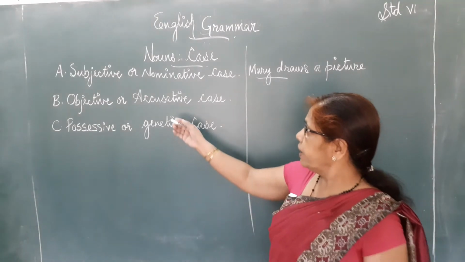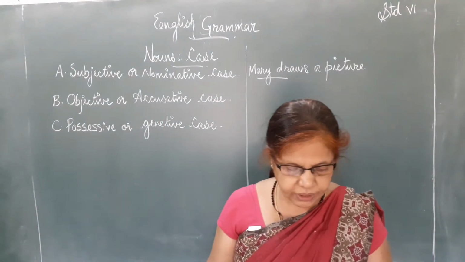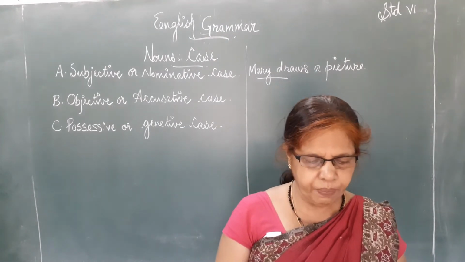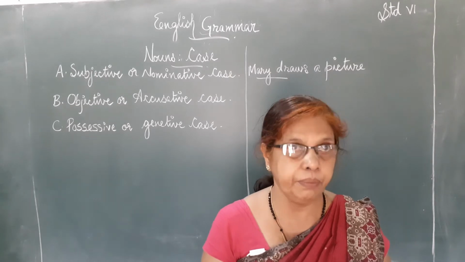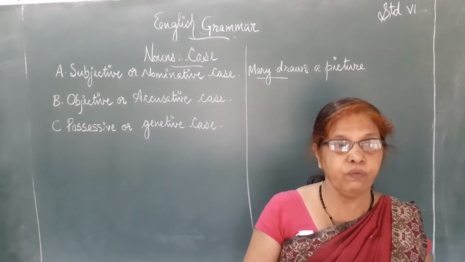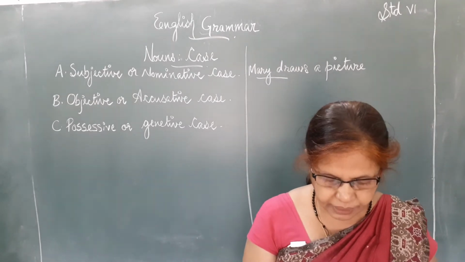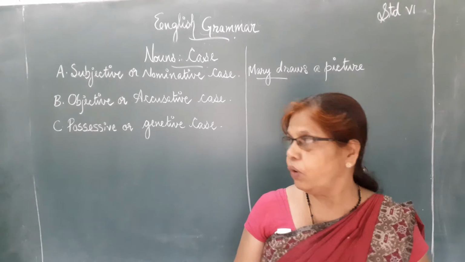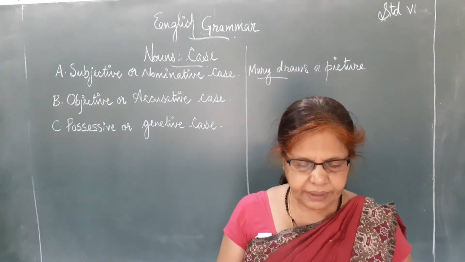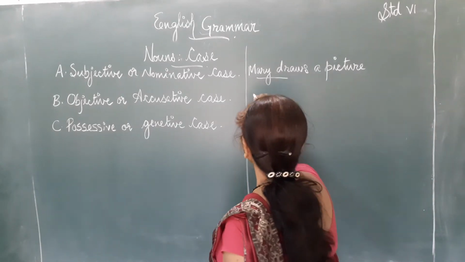Now the second one is objective or accusative case. What is objective? You know what is object. When a noun is placed as the object of a verb, you know what is noun? Naming word. So when a noun is placed as the object of a verb, it is the objective or accusative case. Here the example is Vijay eats ice cream.